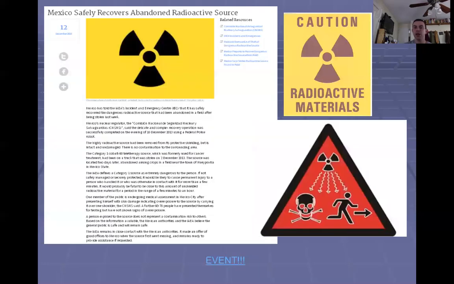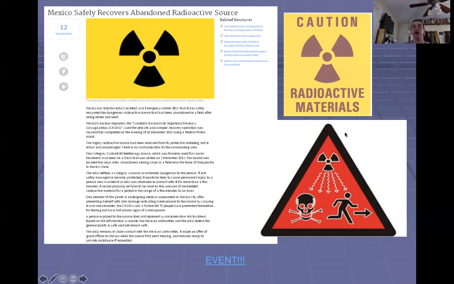So there have been a couple of events that have happened, some serious events where people start to take apart big equipment. A big one is cobalt teletherapy machines. You hear from time to time that the head of a cobalt teletherapy machine ended up in a scrapyard, and it looks valuable.